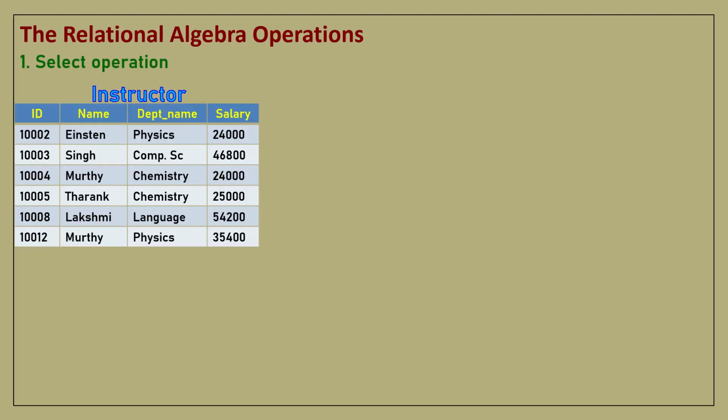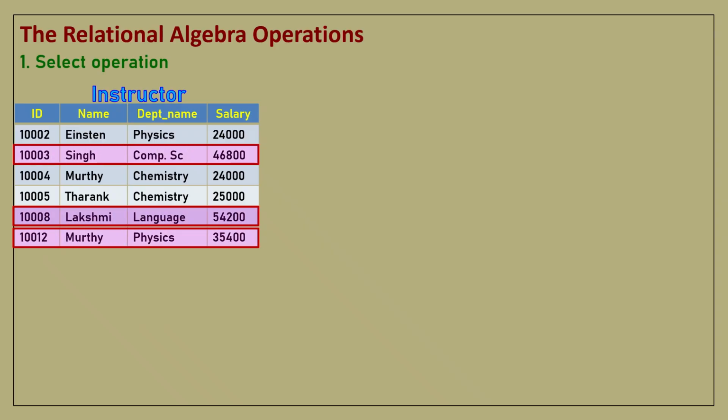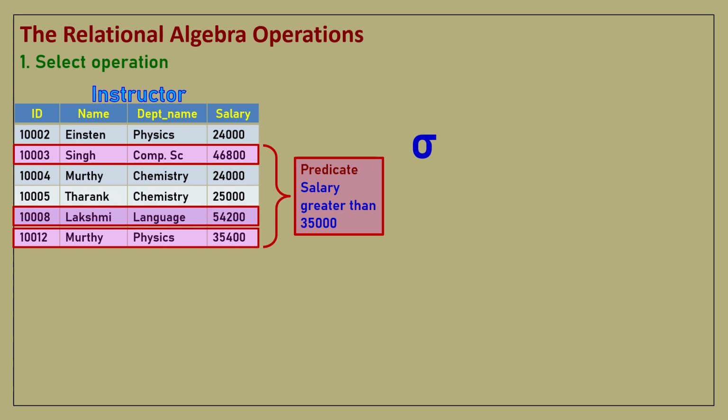Select operation. The select operation selects tuples that satisfy a given predicate. A predicate contains expressions that select only the desired tuples. We use the lowercase Greek letter sigma to denote selection. The predicate appears as a subscript to sigma. The argument relation is in parentheses after the sigma.